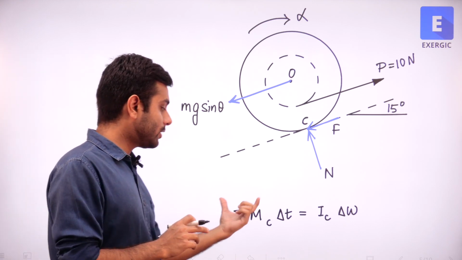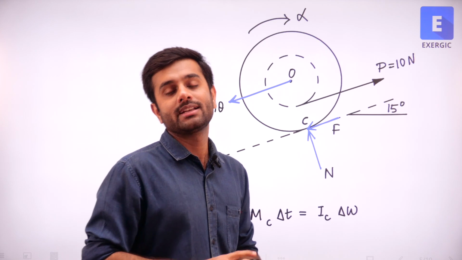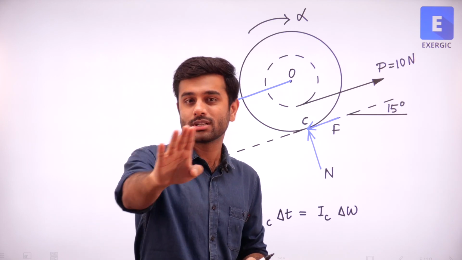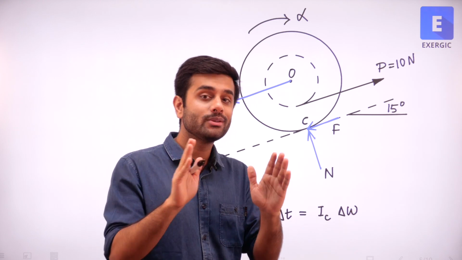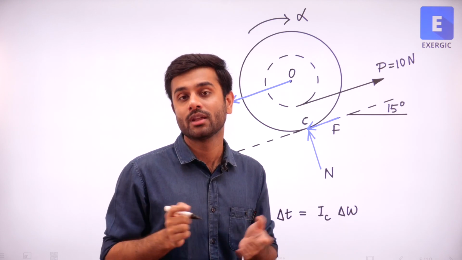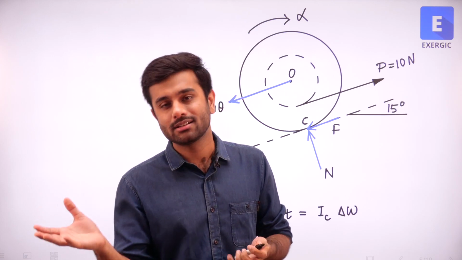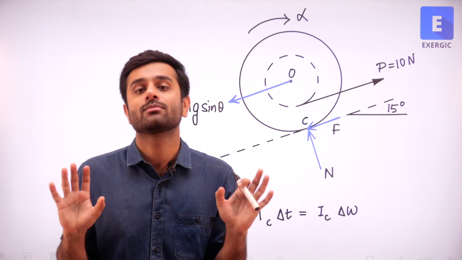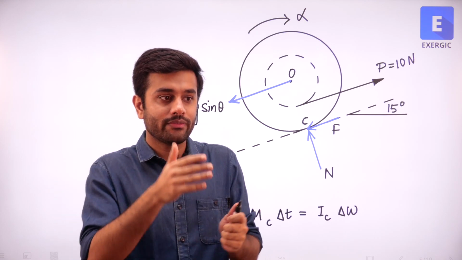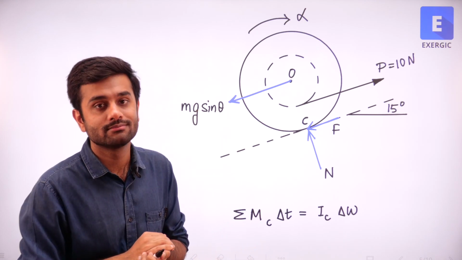Now, when we talk about the moment, it's very important to be clear about the direction. Even when we discuss omega, we need to be clear about the direction. Why? Just take the analogy of simple translational cases. In translational motion, we need to know which direction we are considering positive, right?